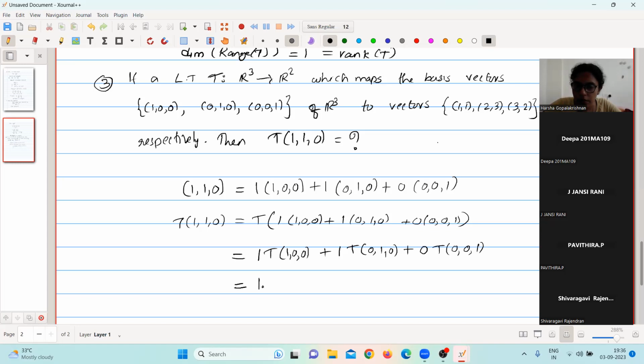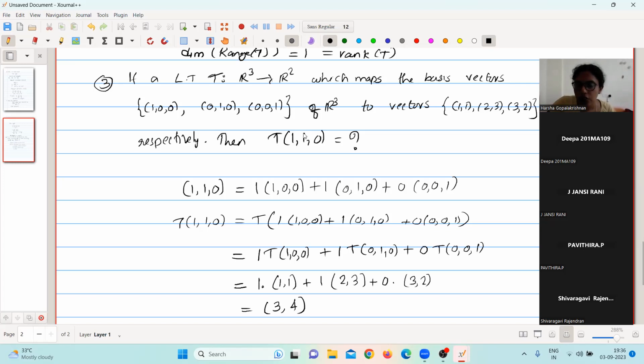1 into (1,1), plus 1 into (2,3), plus 0 into (3,2). Correct. So now we just need to add these elements. What we will get? 1 plus 2 is 3, and 4. Okay.